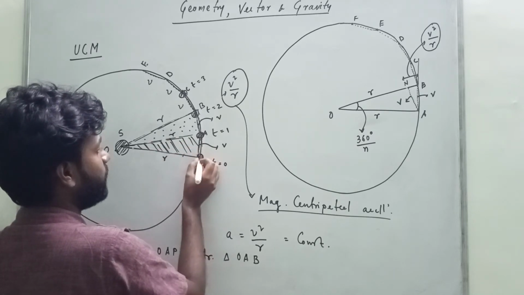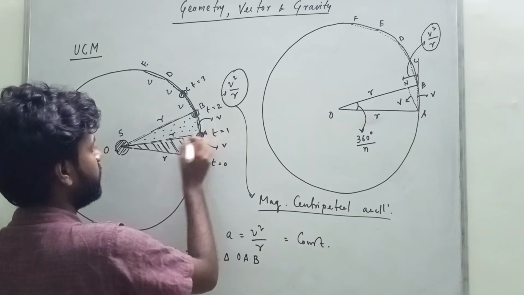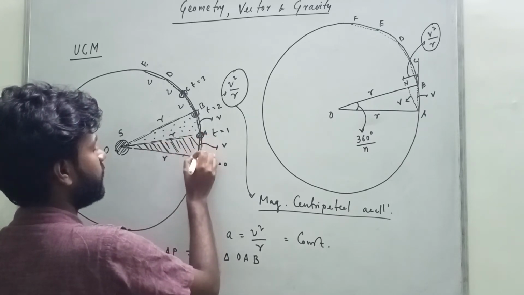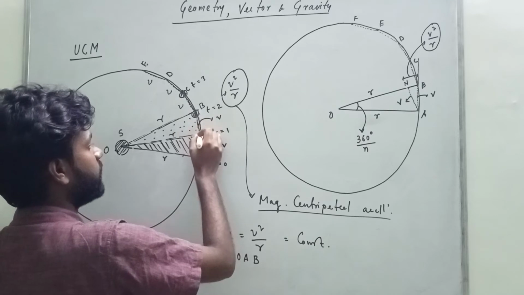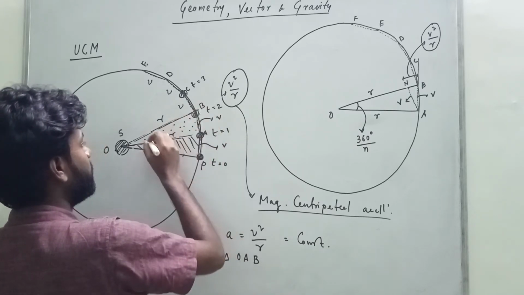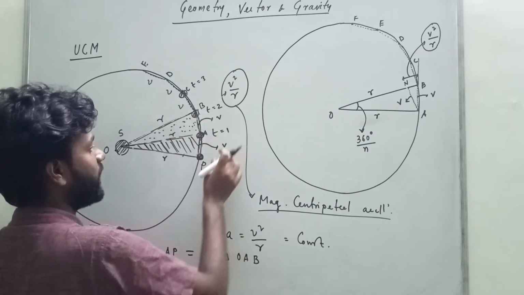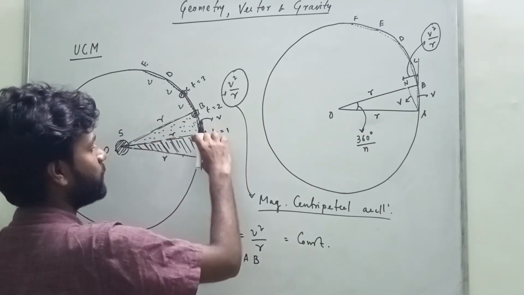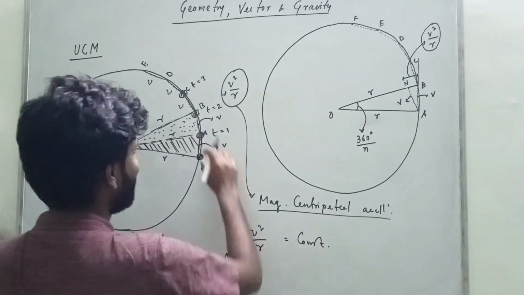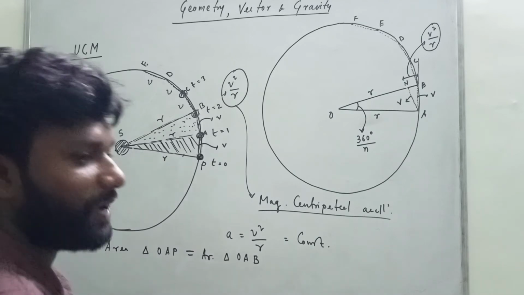In 1 second, the planet just traveled from here to there. The area swipes out this region, and after another second, from t equals 1 to t equals 2, the planet sweeps out equal area, right? This is equal time: t equals 0 to t equals 1 means 1 second, and t equals 1 to t equals 2 means another 1 second.